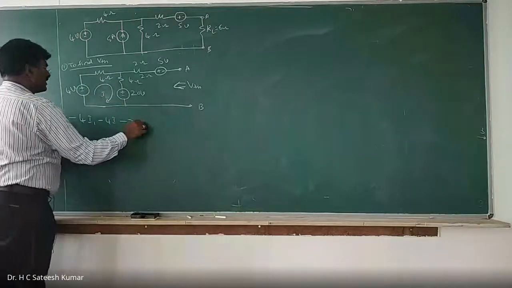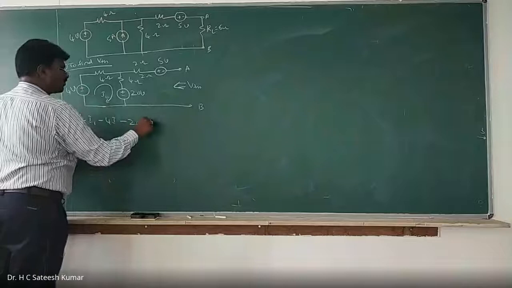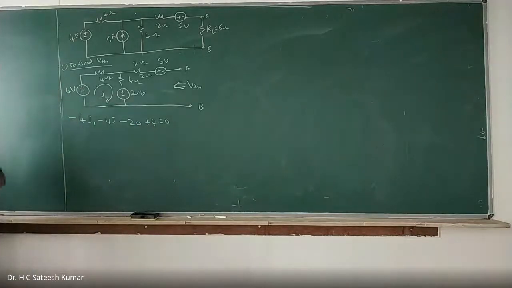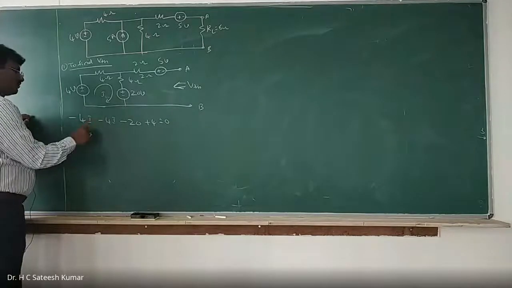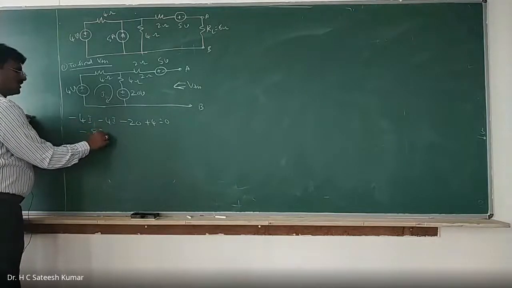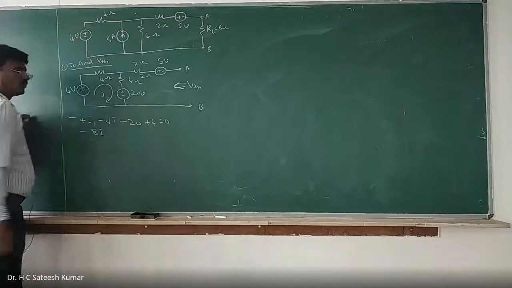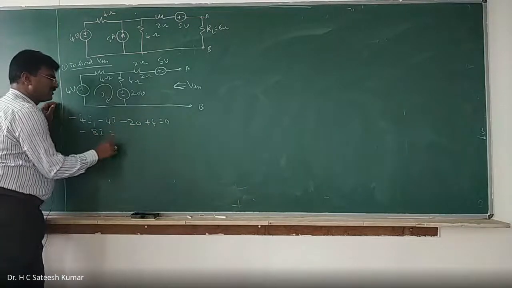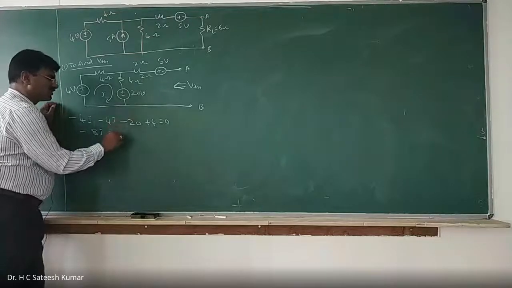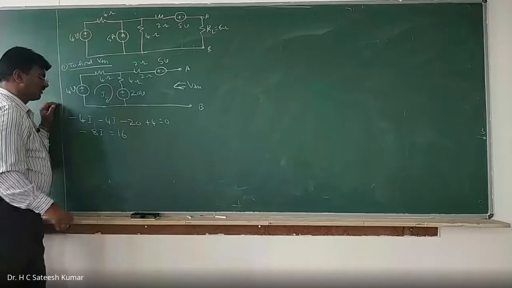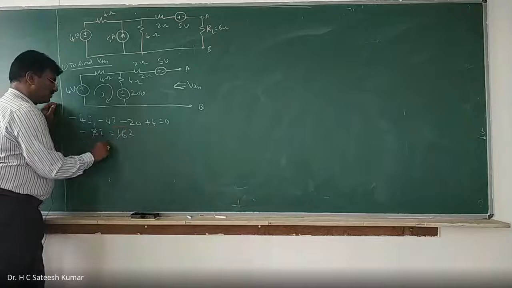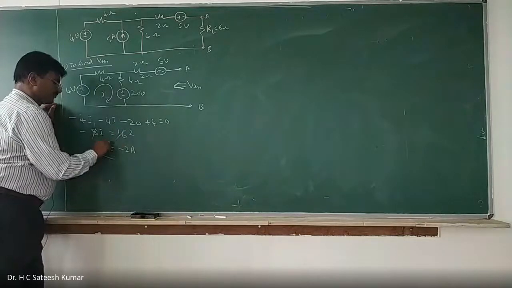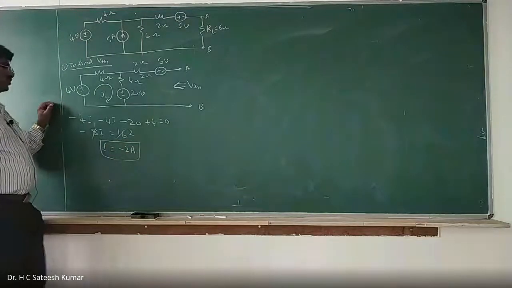Minus 20, minus to plus. Plus 4 is equal to 0. So minus 8I, minus 20 plus 4 is minus 16. Transfer to the right hand side, plus 16. So I is equal to minus 2 amps.